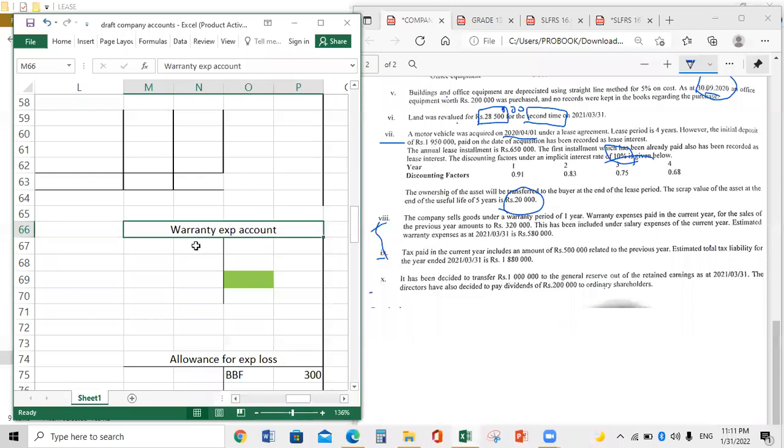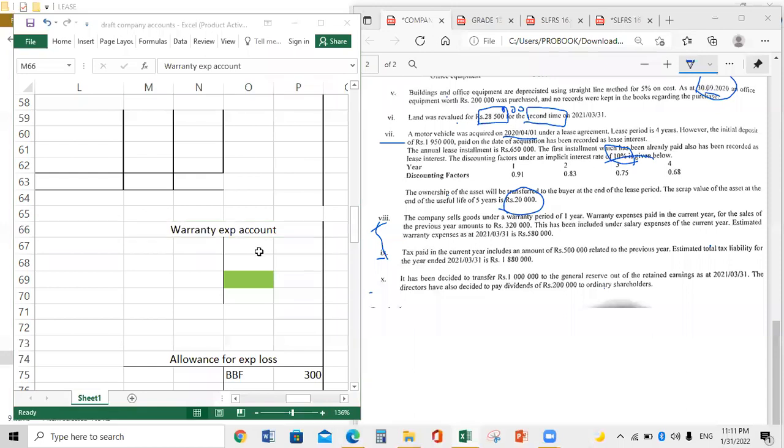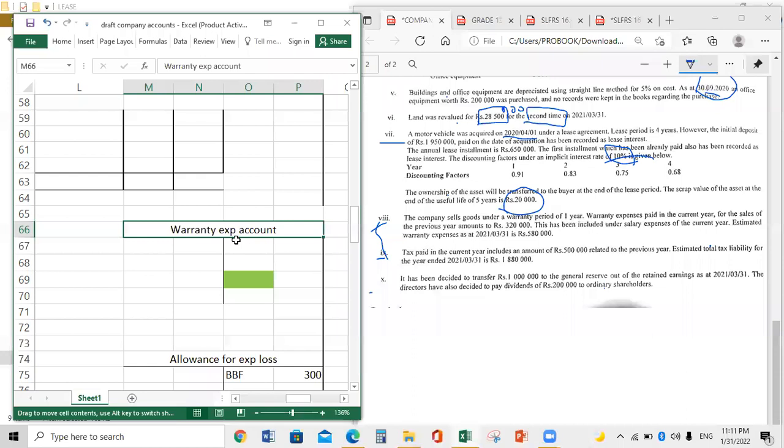So guys, warranty is a liability. Warranty provision, opening warranty provision, only liability. Warranty is an expense. Warranty provision is a liability. Write it in the credit side, 400. Okay. Now let's see what they are saying.